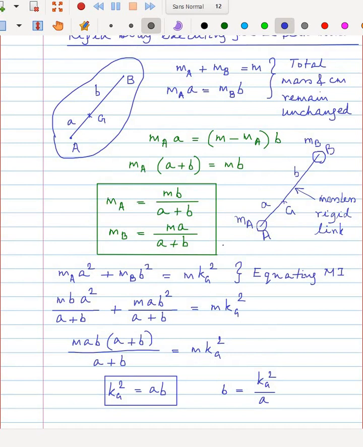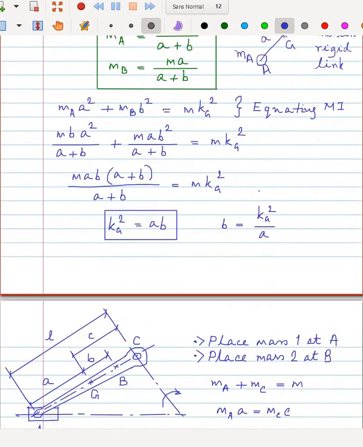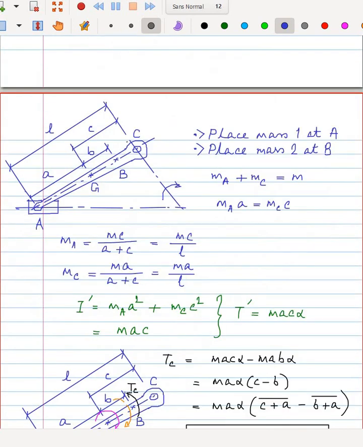So in this way you can replace this rigid body with distributed mass by a two mass system, one mass placed at this end and the other at this end. Now what is the objective of doing this? See, this is the connecting rod of a slider crank mechanism.